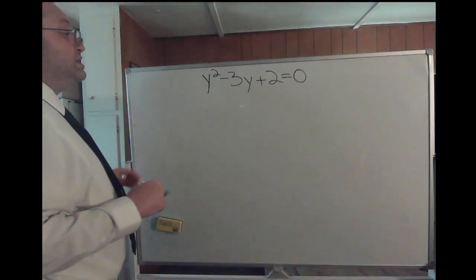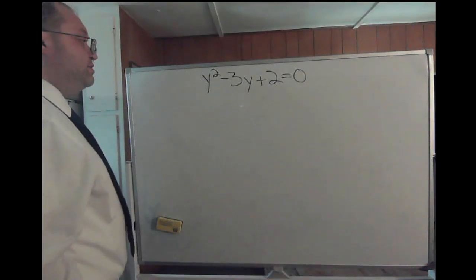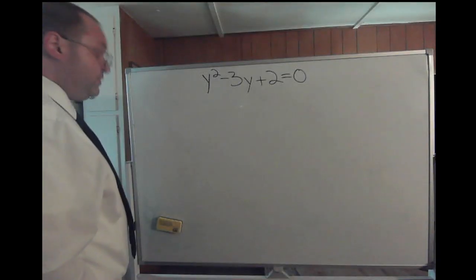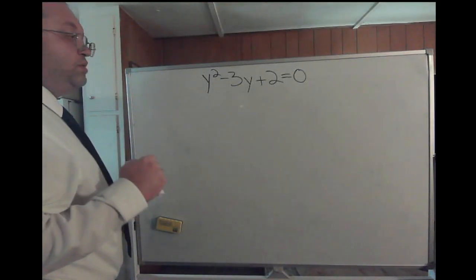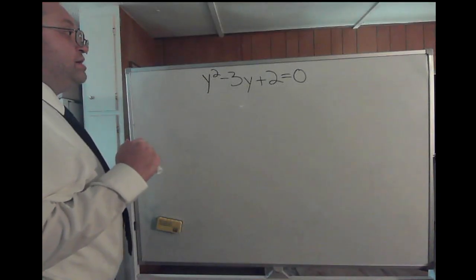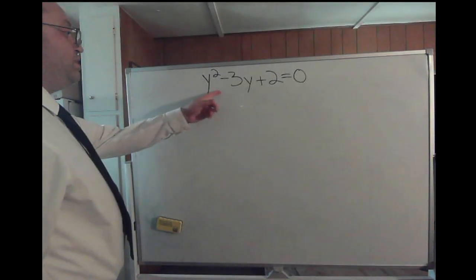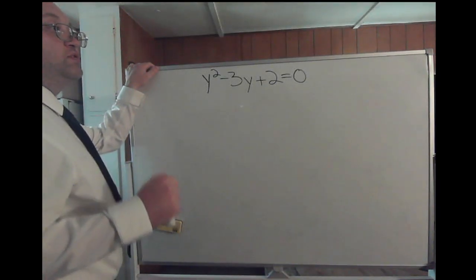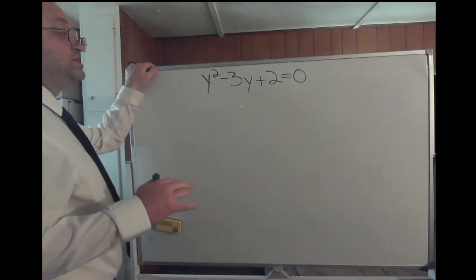So this time we have to factor it. Up till now, we've dealt with equations that were already factored for us. And today, all of these equations will be factorable one way or another. But there will come a time where we'll deal with quadratic equations that are not factorable, and we'll have to use what's called the quadratic formula, which is coming at a later time in this course.